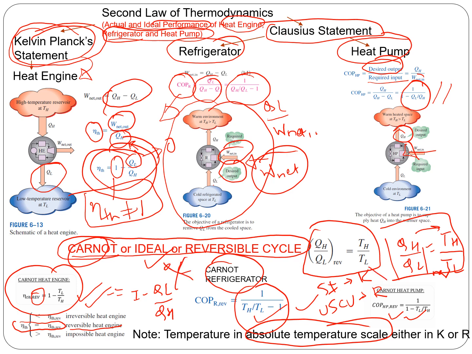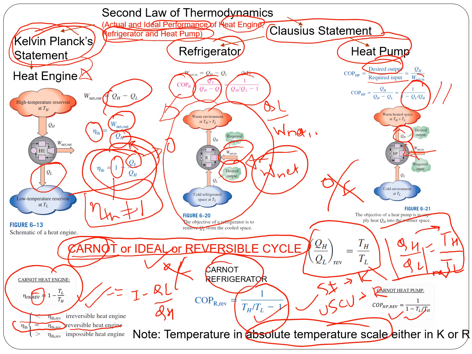Don't use it in Fahrenheit. You should not use any temperature other than the absolute temperature scale. This is very crucial. Otherwise, you get everything wrong. So this is the overall picture, understanding how you can find the actual and ideal performance of different cycles.